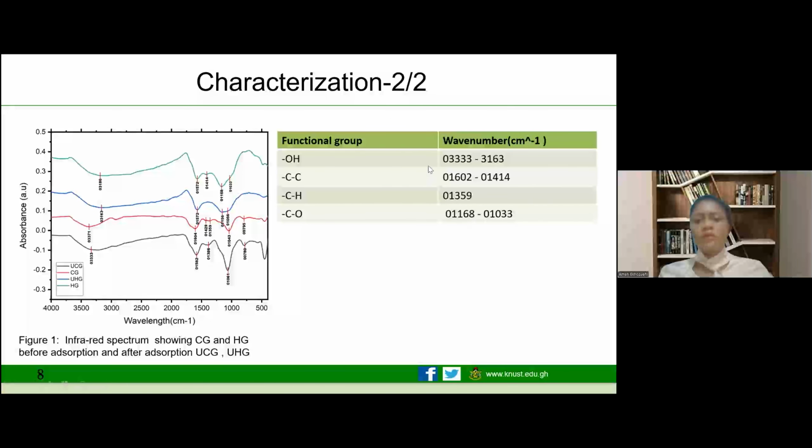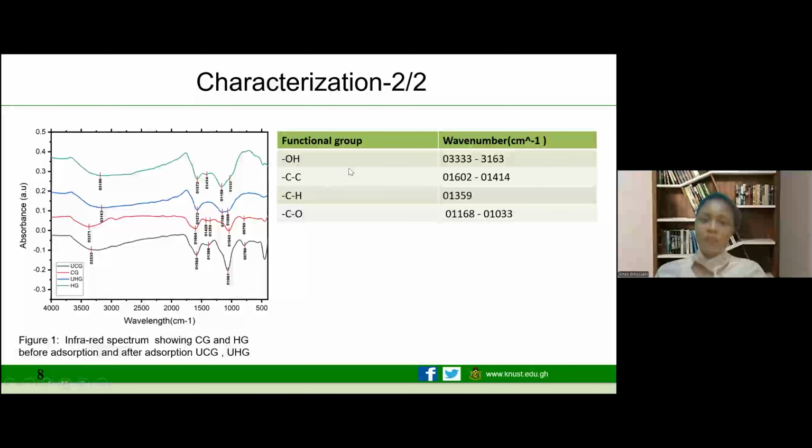So these were the functional groups, the aromatics and the oxygen-rich functional group, the hydroxide between 3,333 to 3,163. So again, they had similar functional groups, meaning there was not much difference in what the acid could do except for the pore spaces.